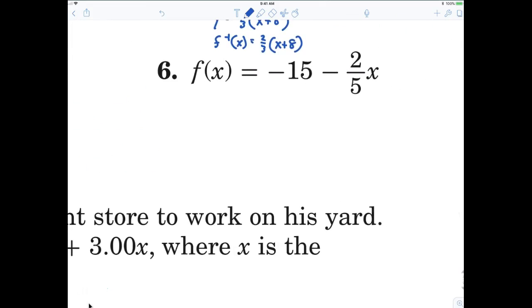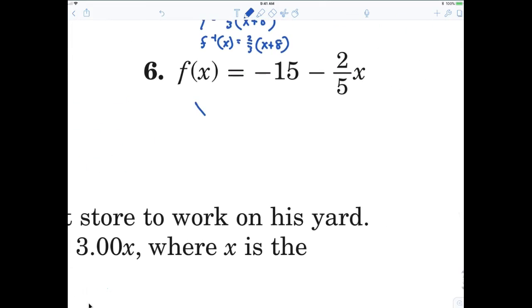Number 6. X equals negative 15 minus 2/5 y. Best thing to do is to move the y.